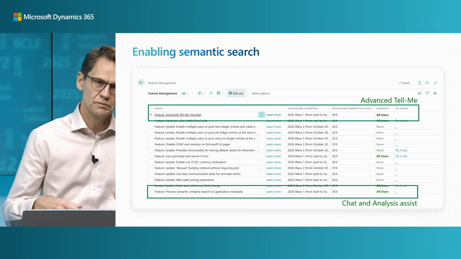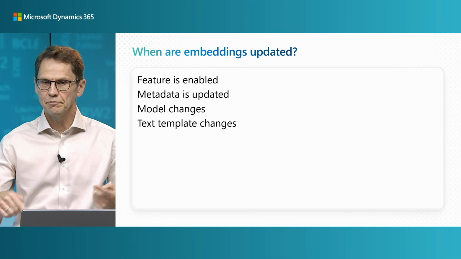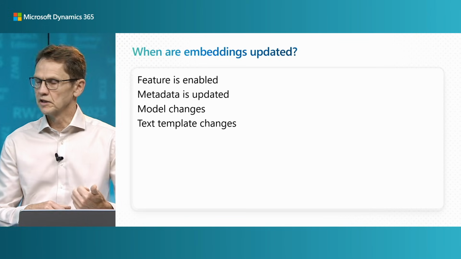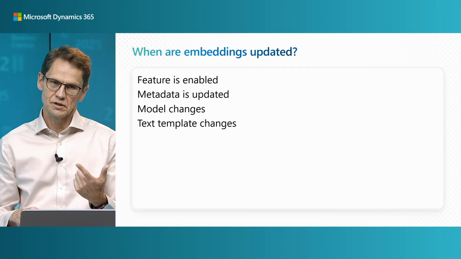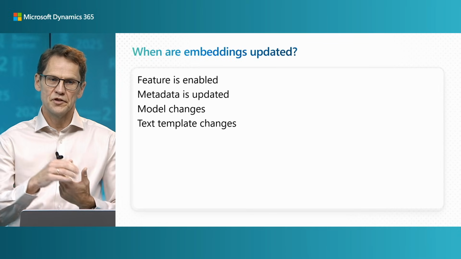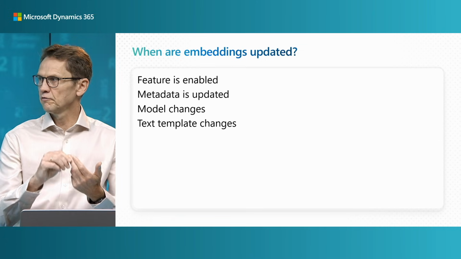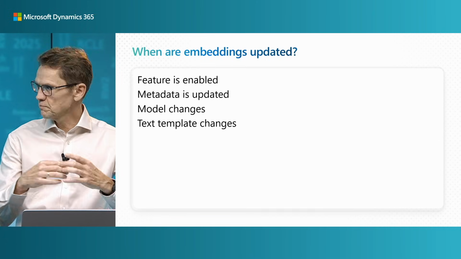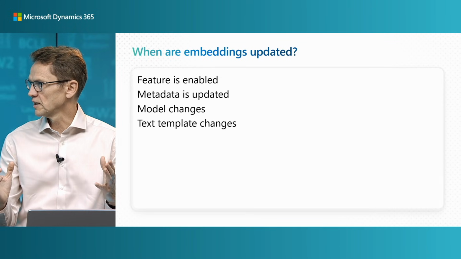Now, what we are doing behind the scenes is that we are keeping the embeddings updated for these metadata elements. So when the feature is enabled, we generate them. If the metadata is updated, if you change the caption of a page, then we will update the embedding vector. If the model for generating embeddings changes, and also if we change basically our textual representation of an object.